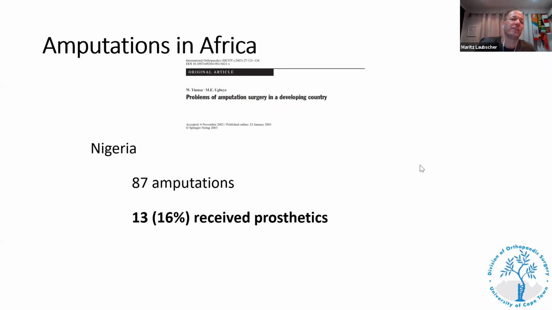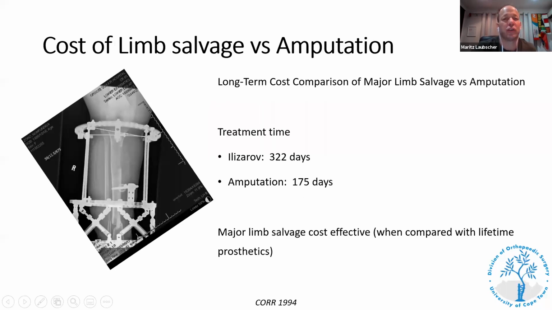In other words, if there's no access to a prosthesis, sometimes any limb is better than nothing. So one should lean more towards limb reconstruction than amputation, if at all possible, if the patient is not going to have access to a prosthesis in the future.